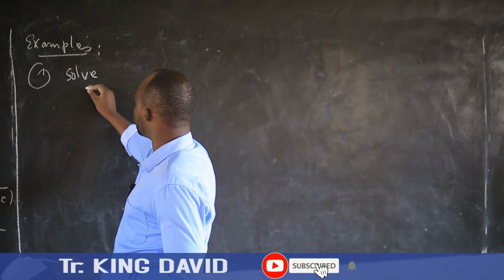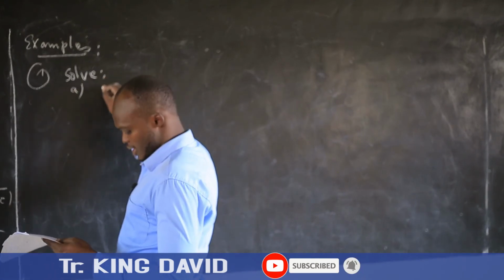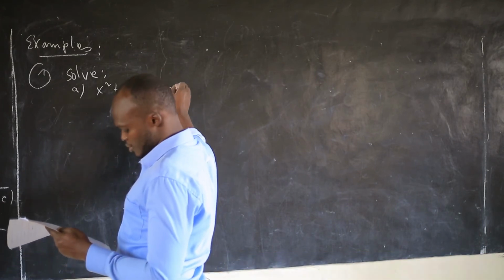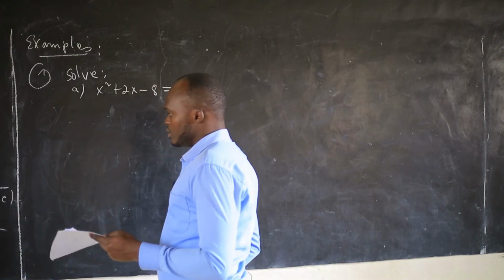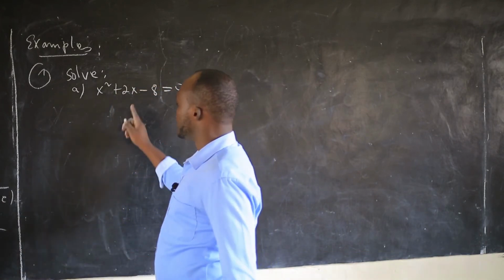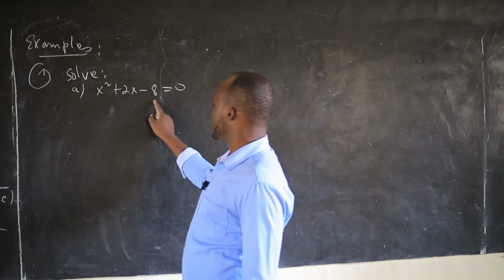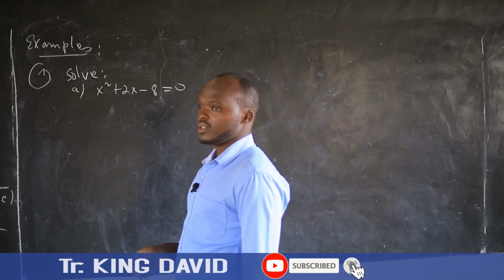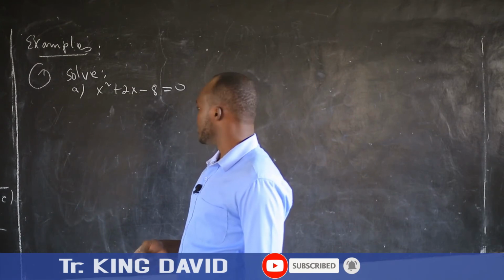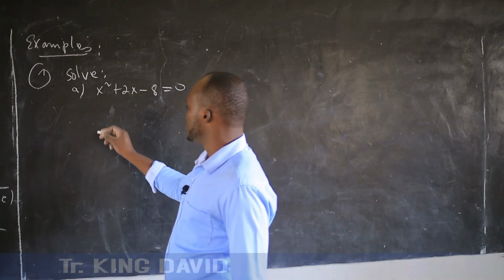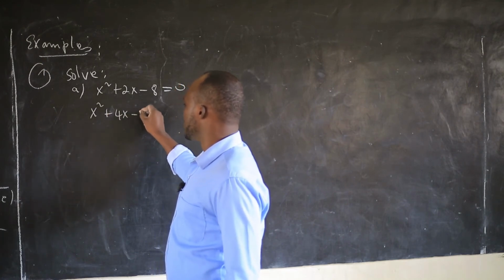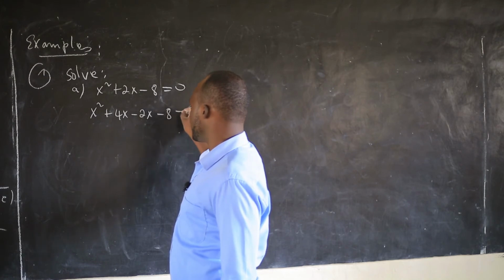Solve A. We have x squared plus 2x minus 8 equal to 0. So here, we're going to solve that equation. You see our product is negative 8. Our sum is 2. So that means it will be positive 4 and negative 2. So it is x squared plus 4x minus 2x minus 8 equal to 0.